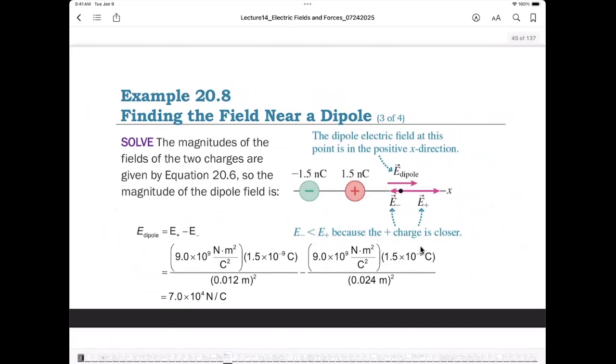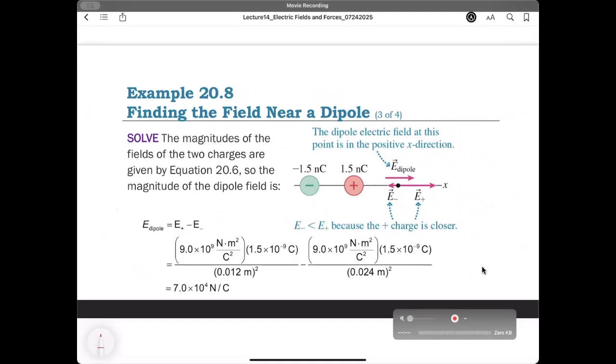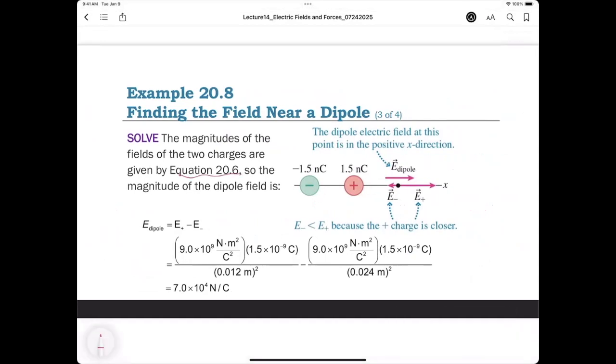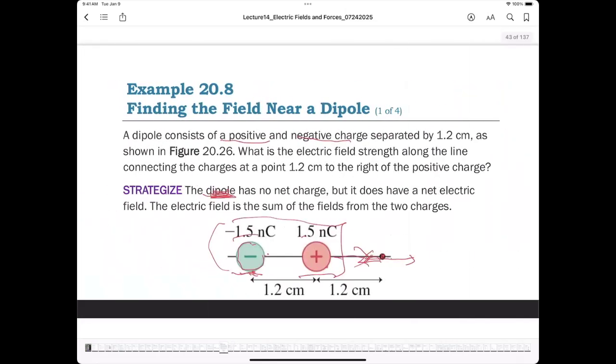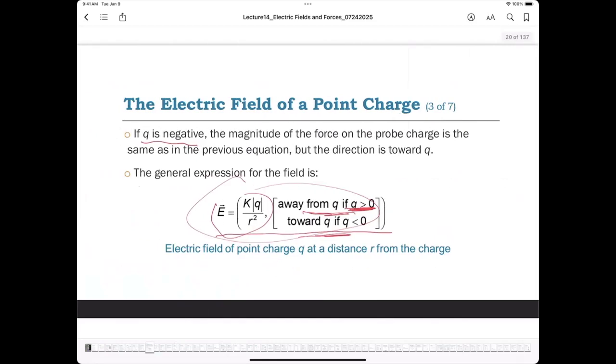The magnitudes of the field of the two charges are given by equation 26. So the magnitude of the dipole field is, let me see. Equation 20.6 is just this equation. Let me show you. Yes, it's just this equation. This equation is 26.